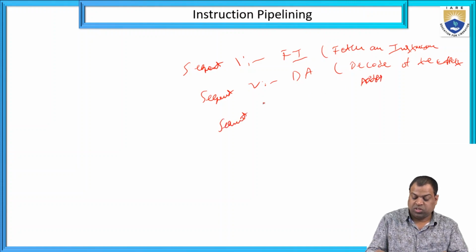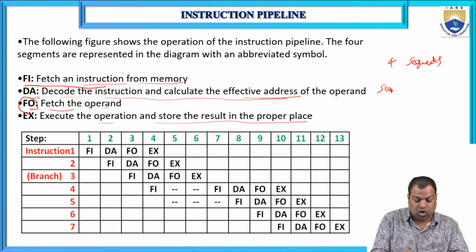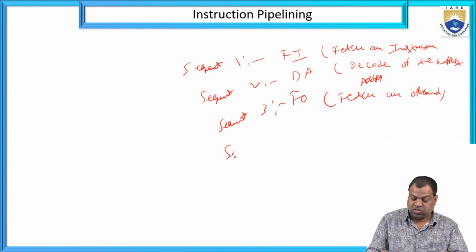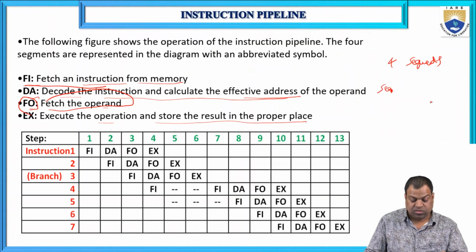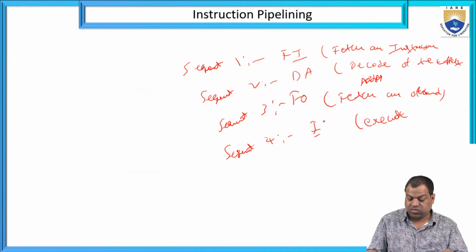Segment 3. What is segment 3? We are fetching the operand, FO, fetch an operand. Next, segment 4. We execute the operation and store the result in the proper place.